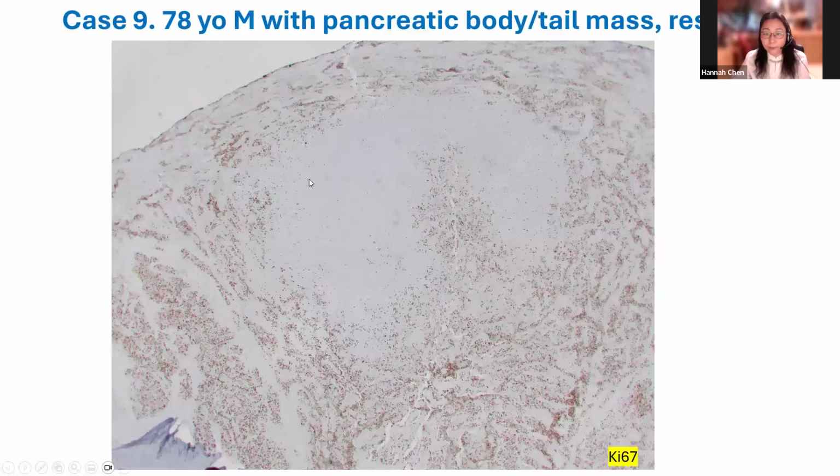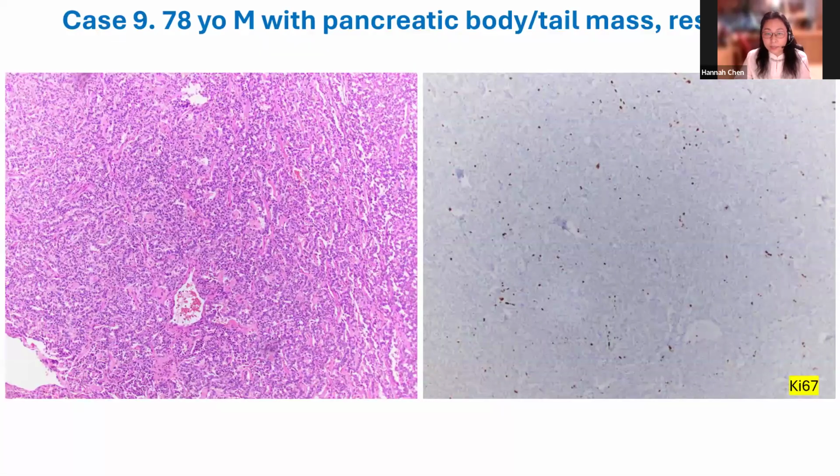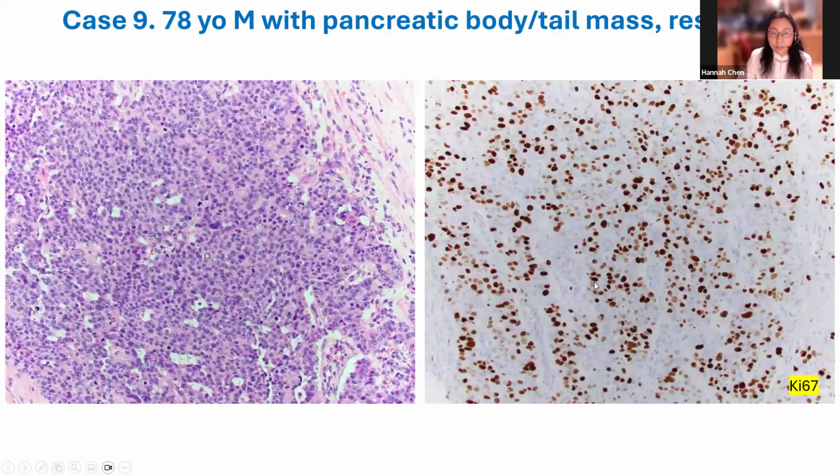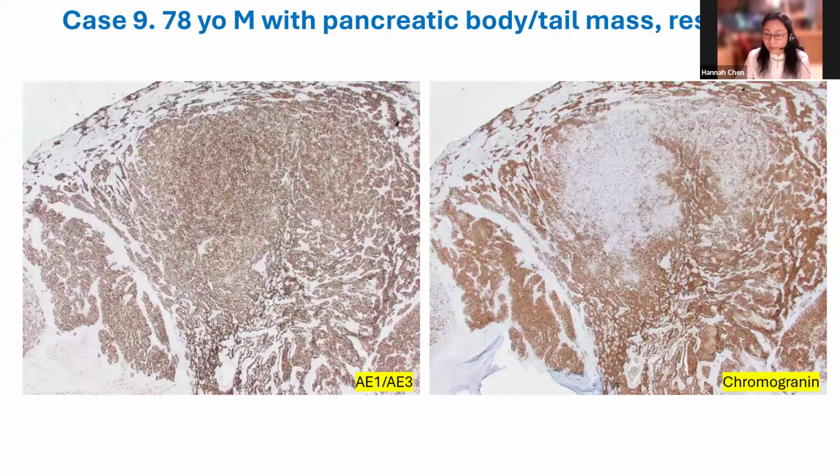Ki67 at low power: you can see the area with typical morphology shows lower Ki67, but the solid area shows very high Ki67. Just shown here again, the typical area shows Ki67 like this, and the solid area with brisk mitotic activity has a pretty high Ki67. In this case, we performed AE1/AE3 and neuroendocrine markers.